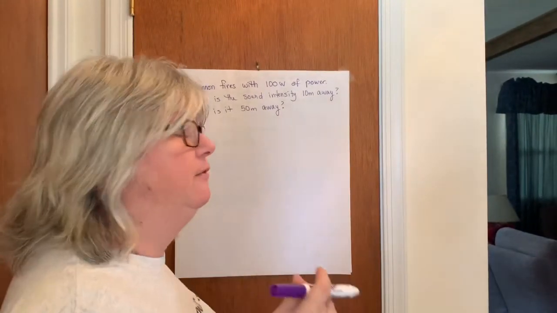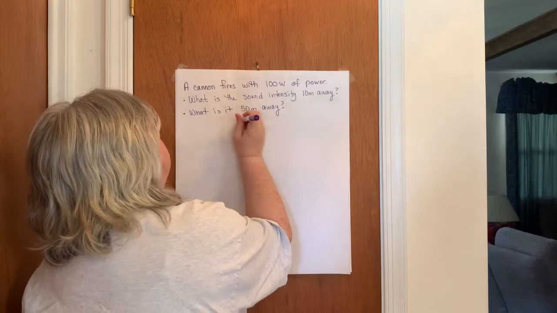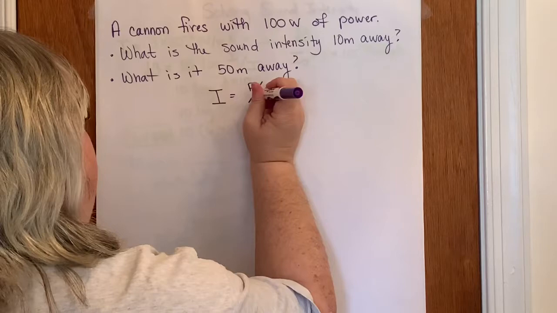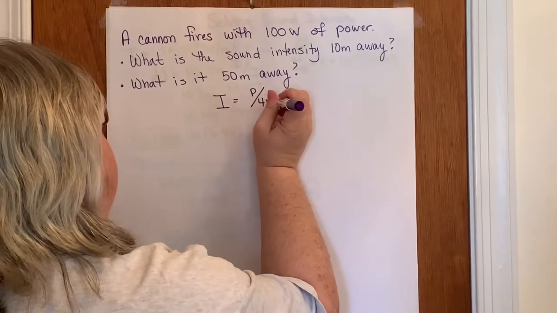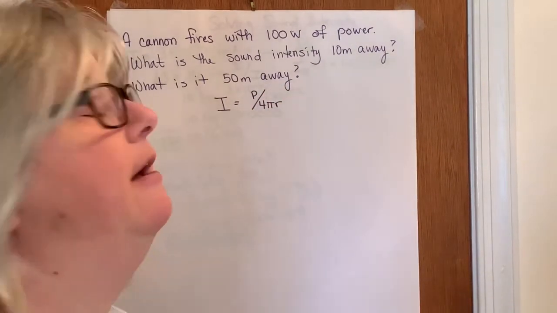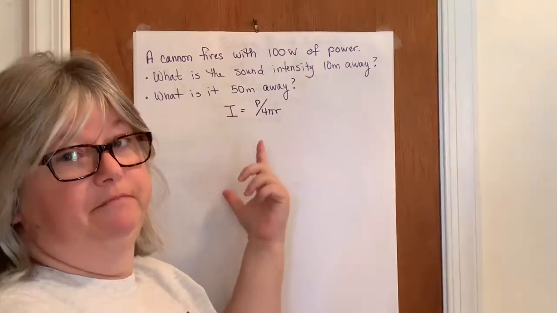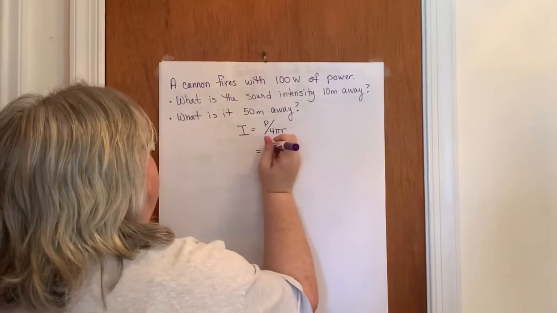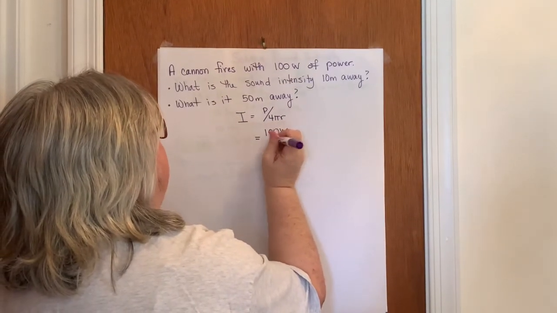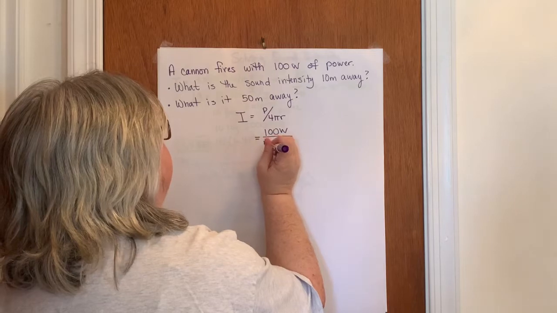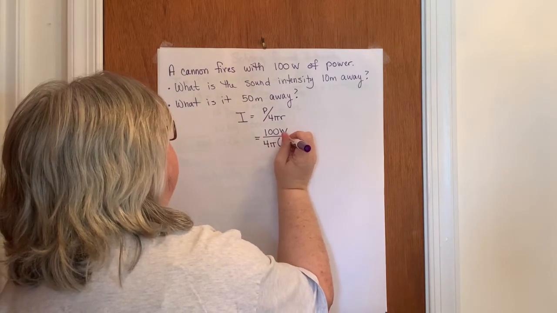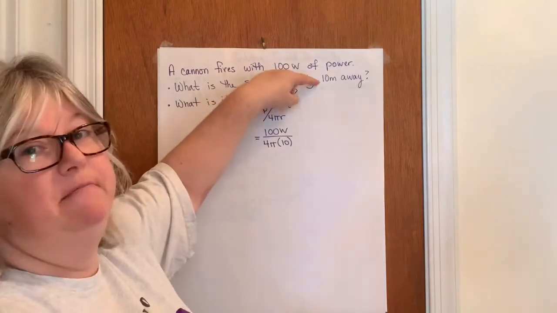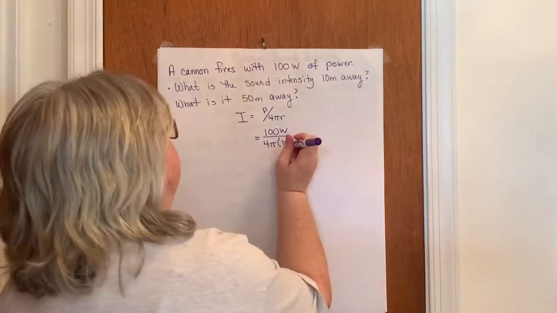So our formula for sound intensity is I equals power divided by 4 pi r squared. That's our surface area. So we first got 100 watts of power over 4 pi times 10, because we're 10 meters away.